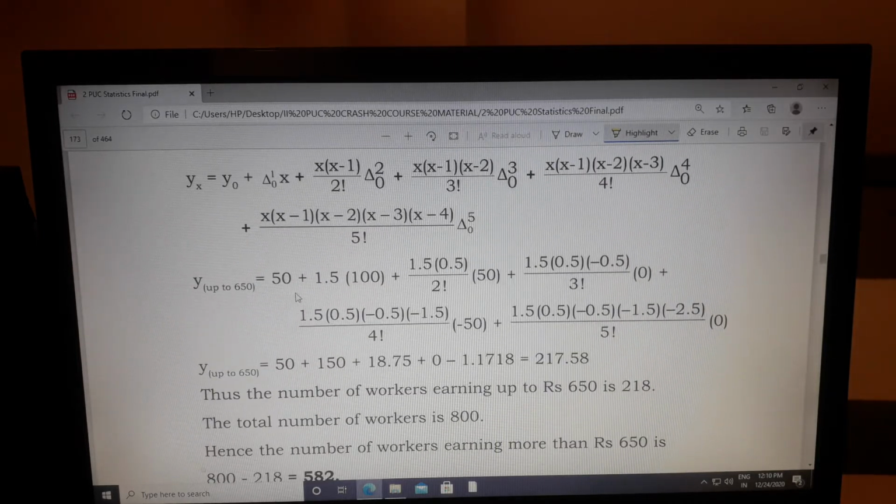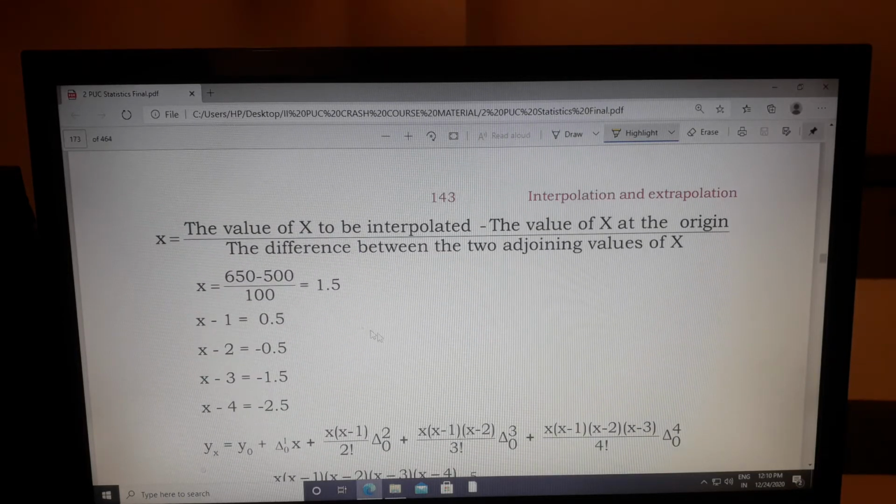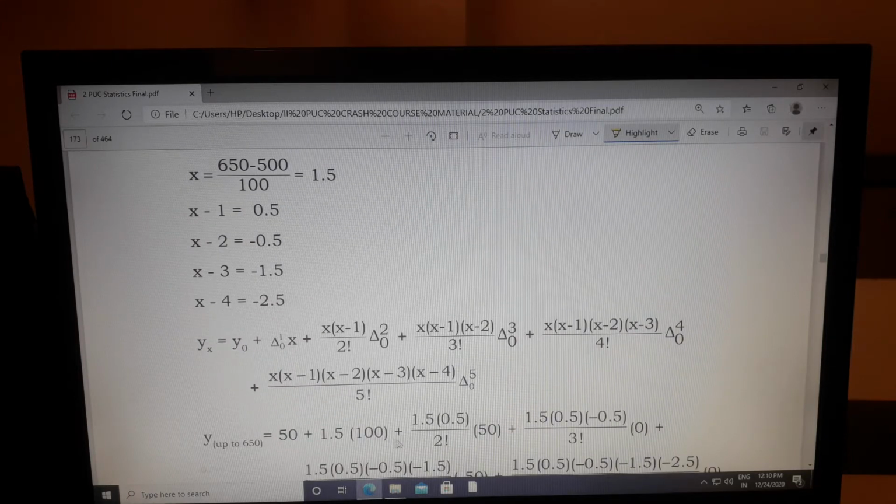So y0 will be 50, plus delta naught 1, the first leading difference, is 100 at origin, and then 1.5, the x we calculated, is substituted: 1.5 into 100, plus 1.5 into x minus 1, which becomes 0.5, divided by 2 factorial, which is 2, into delta naught 2, which is 50, plus again 1.5 into 0.5 into minus 0.5, just substituting 1.5 in place of x, and 3 factorial becomes 3 into 2 into 1, which is 6.